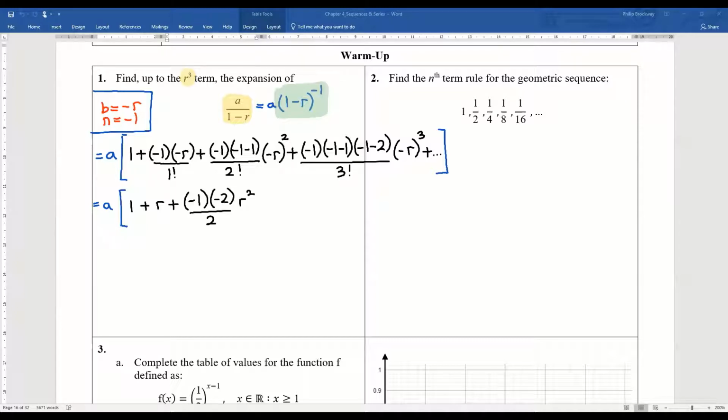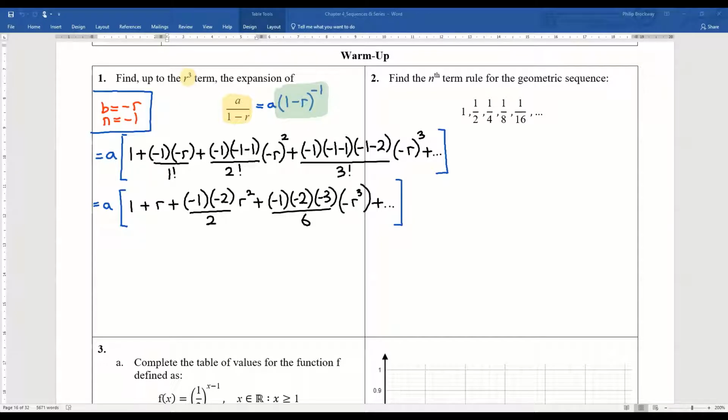For the last term, we have -1 multiplied by -2 multiplied by -3 over 6, and then -r cubed. Just be careful with this, it should be -r cubed. Hope that makes sense. Then we could add some more terms, but it's not necessary. Close your big square brackets.